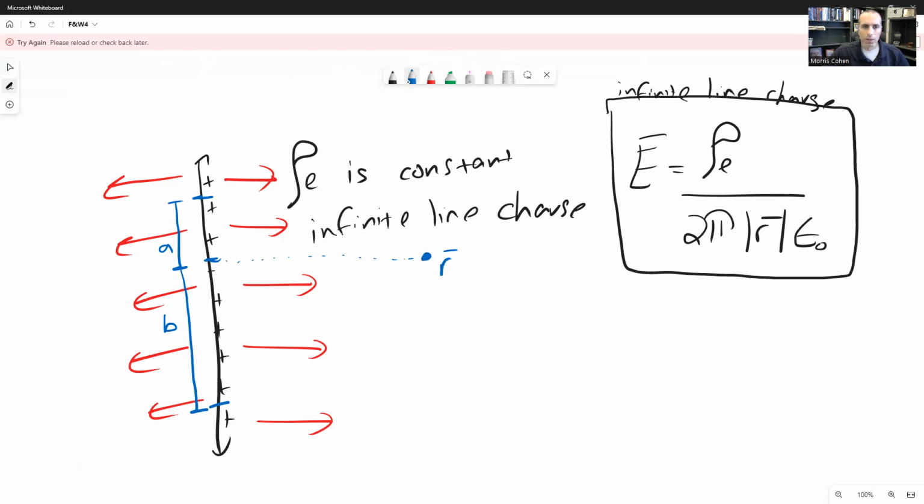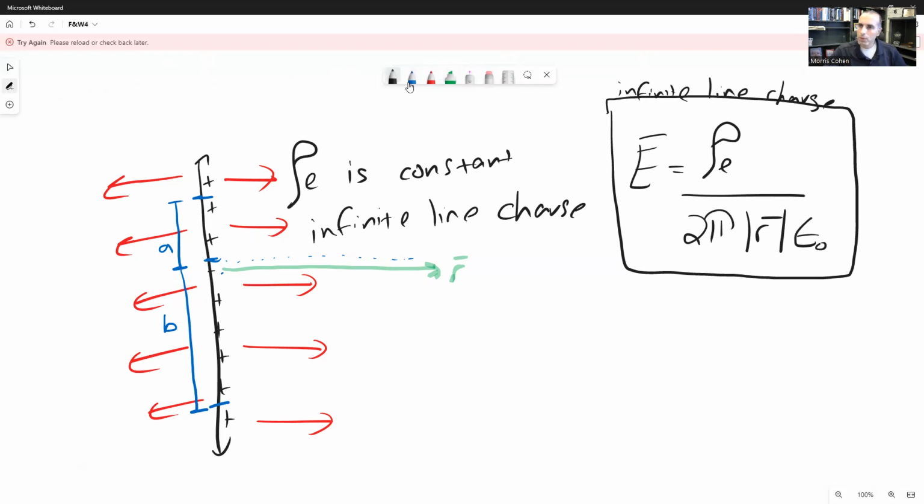This is our location where we want to calculate the electric field. That's our vector r, pointed to here. Here's r.